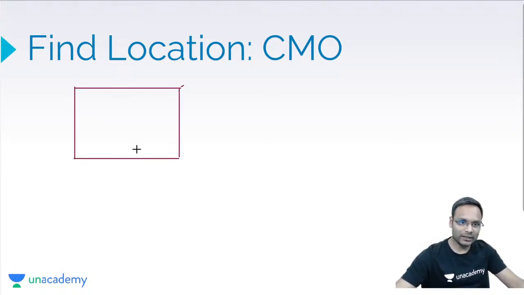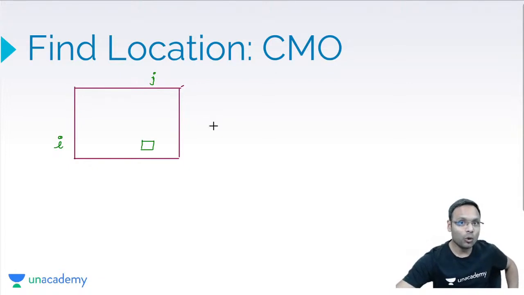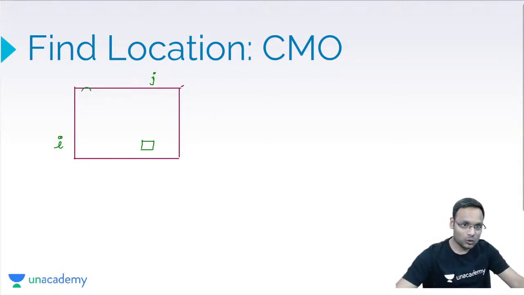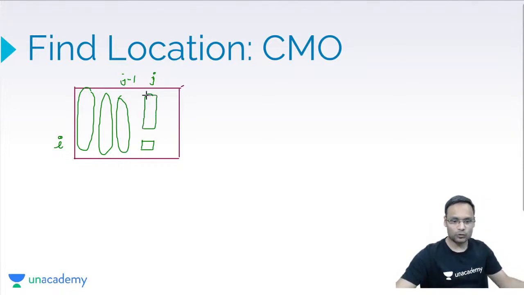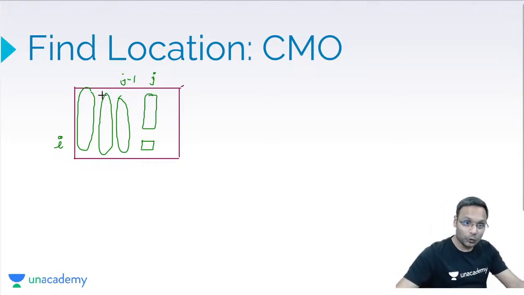You need to find this element's address, which is row number I, column number j. But now this time I'll have to go column by column. First of all, store this complete column, then this column, then this column, up to j minus 1 column. After that, in this column, remaining these elements you will have to store. So first of all, you need to store all these columns.